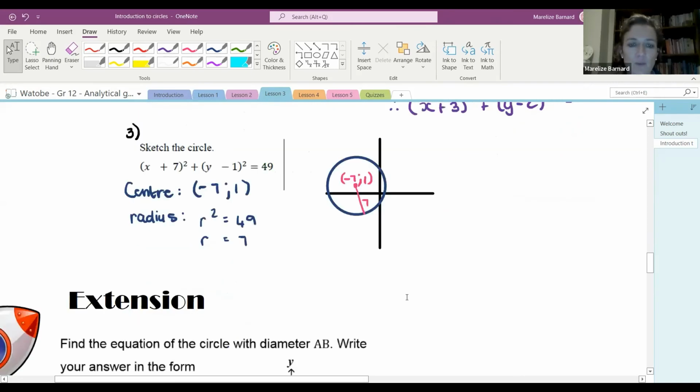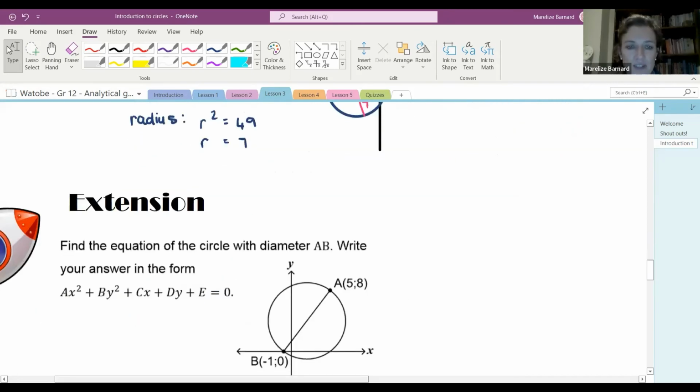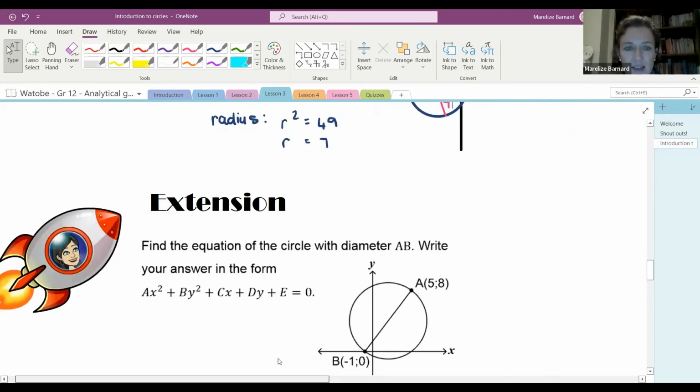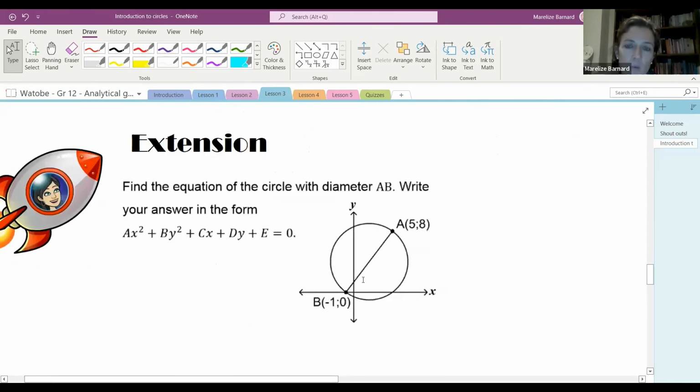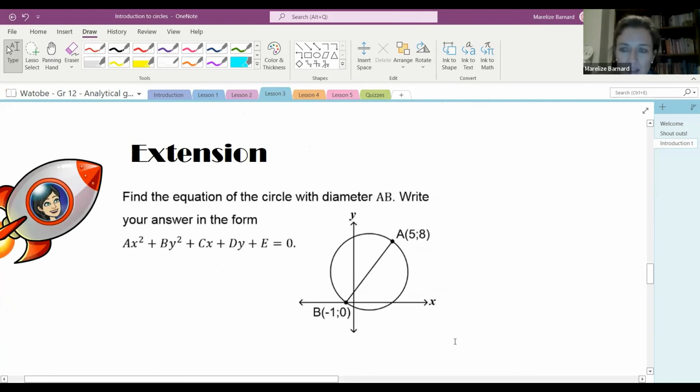Right, we have time for one last question, which is a little bit more of a thinking question, which you can actually take down and practice at home. And on Thursday, I will look at the answer for this one. So we have a circle, point A and point B, and AB is the diameter of the circle.